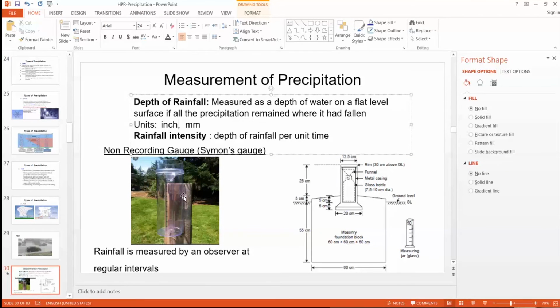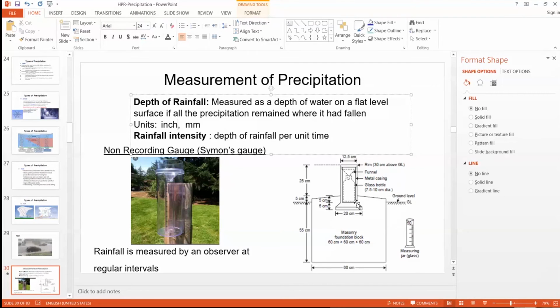You can see a picture of a modern rain gauge, which is made of fiberglass. There is a glass beaker with a measuring tape. This is a typical setup of a rain gauge.